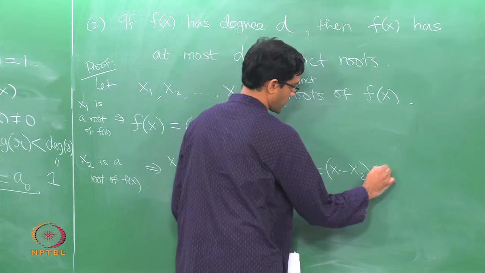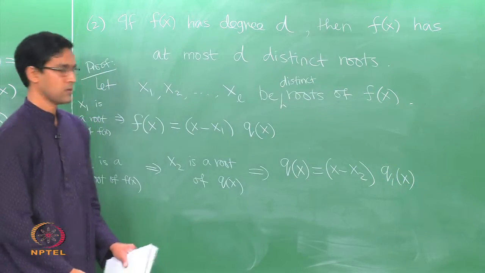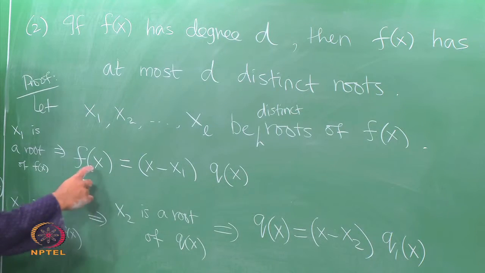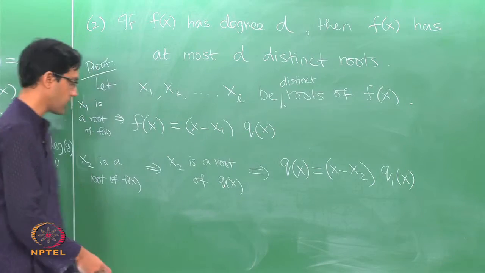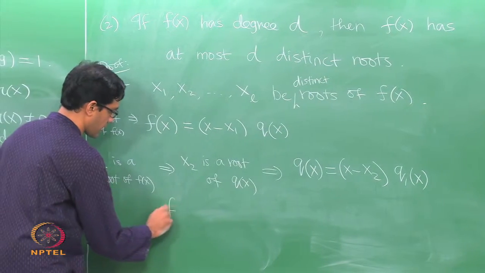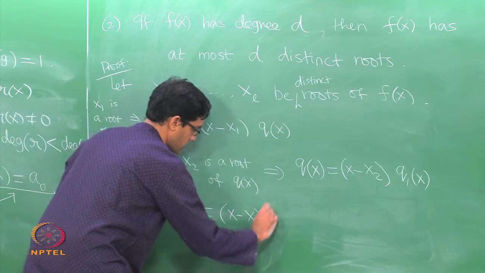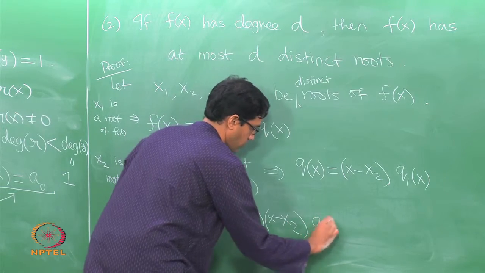So let us call the quotient q1 of x. Okay. Now what do we get? Putting these two things together, f of x is x minus x1 times q, q is x minus x2 times q1. So you conclude that f is actually x minus x1 times x minus x2 times this polynomial q1 of x.